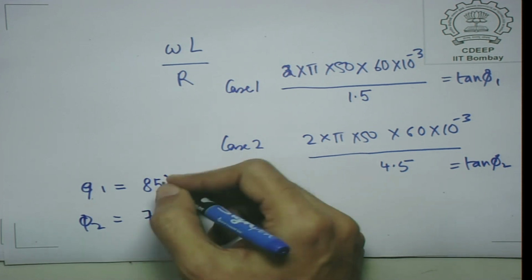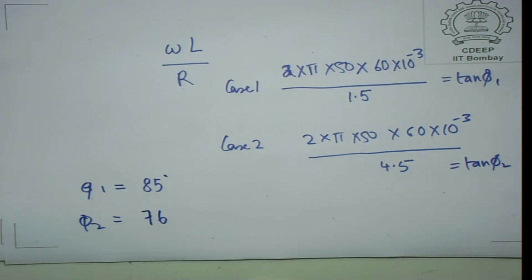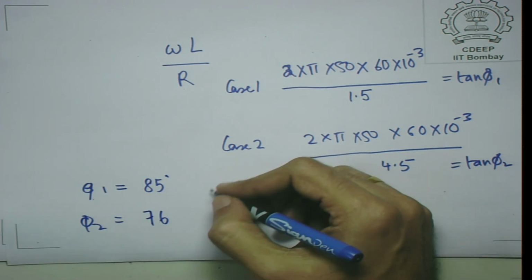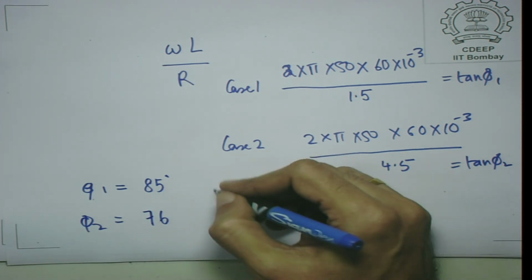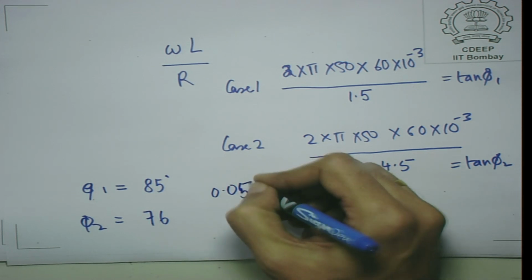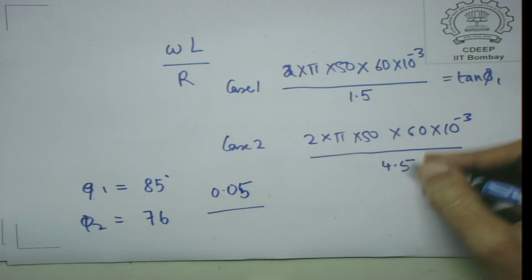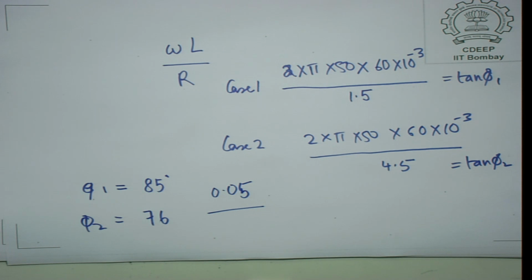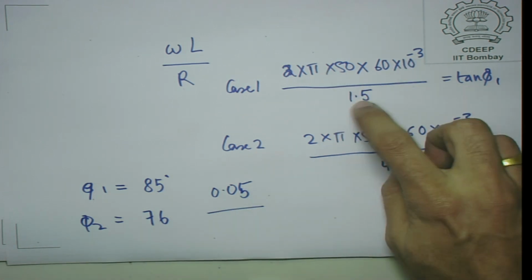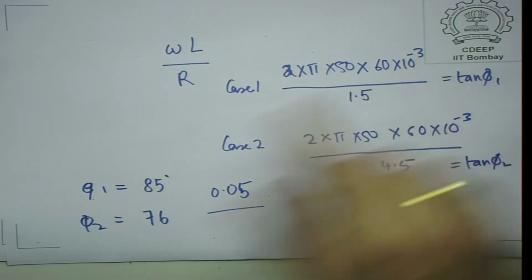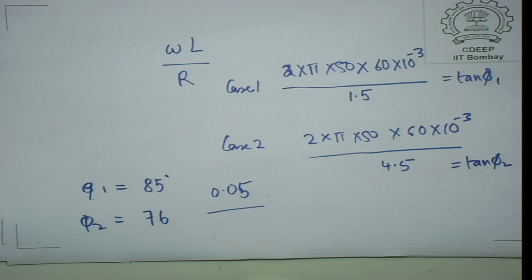So this difference is not much, it is not perceptible by us very easily, and because this is almost a quarter of a cycle, you get 0.05. So increasing resistance by 3 times does not change phi to that extent. In fact, since omega L is much larger than 1.5, your angle phi 1 is near 90 degrees.